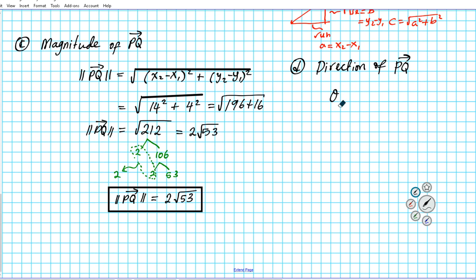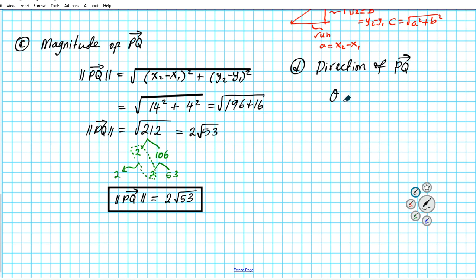When your vector has no negative signs in it, the angle that you get, which is the reference angle, is the same as the direction. But when you have one or more negative signs in either the x or y or both components, then you have to draw the angle and add 180 or subtract the angle from 360 in order to determine the direction.